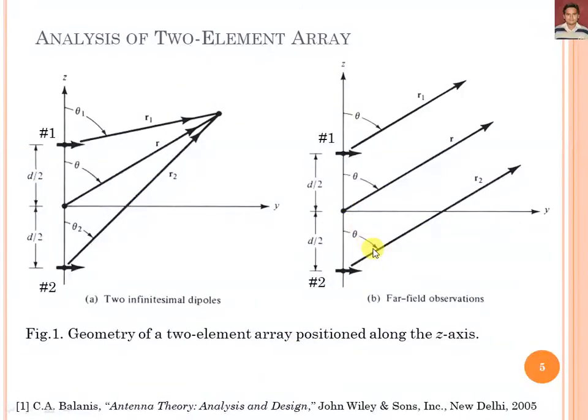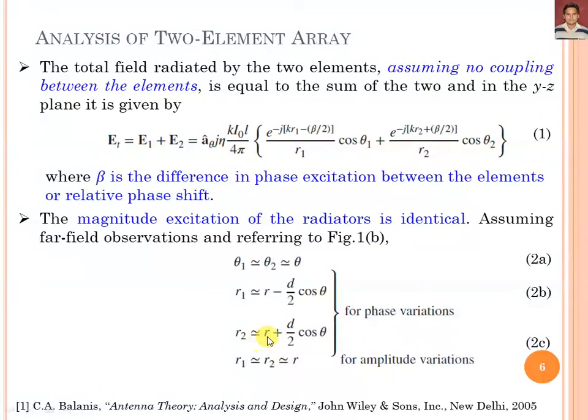Again you put this perpendicular, and you get r2 equal to r plus this element having length d by 2 cos theta. These are used for the phase variations, and r1 equal to r2 equal to r for the amplitude variation. So these are some assumptions we are taking to calculate the E of t component.